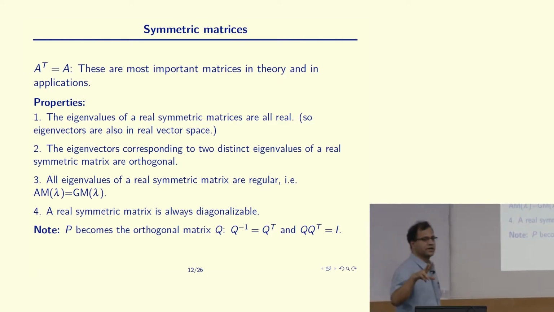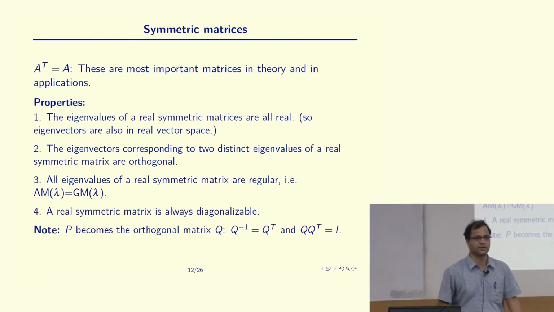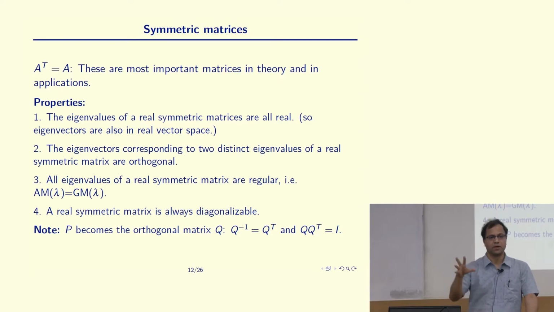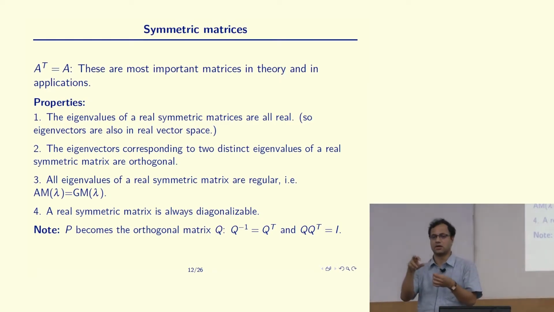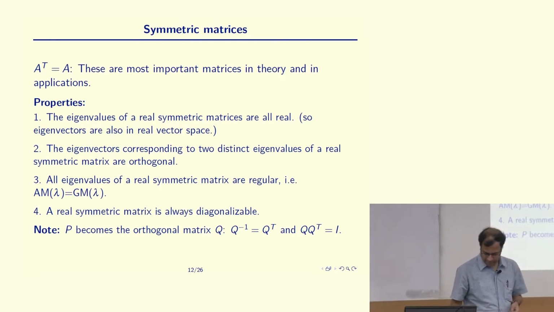For an orthogonal matrix, the inverse is equivalent to the transpose operation. So you can write this matrix A equal to Q D Q transpose. These are the nice properties of the symmetric matrix we want to use in our singular value decomposition.